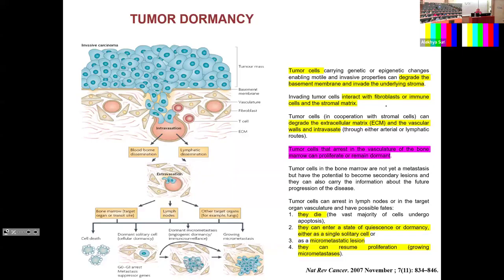understand that concept, because sometimes people say that so-and-so, a family relative, has cancer, and for many years nothing happened, and then all of a sudden the tumor grew.